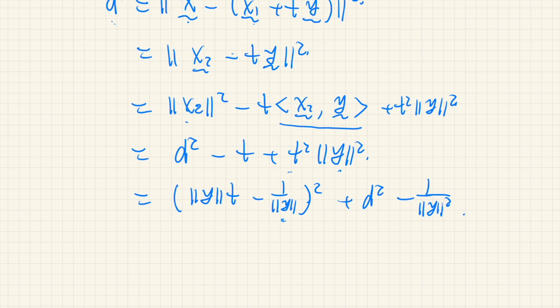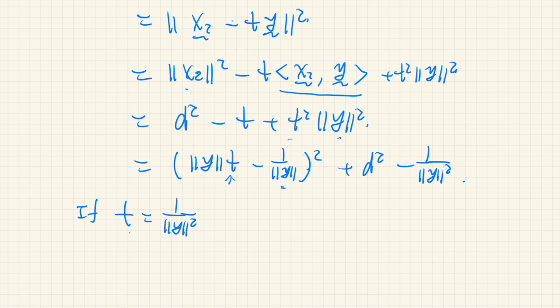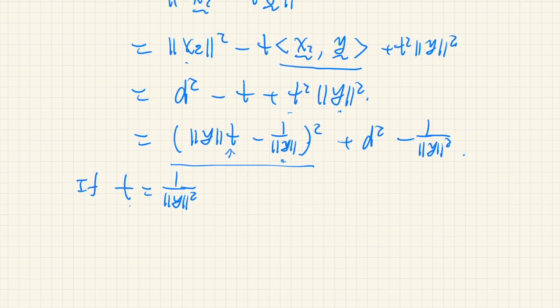If t is equal to 1 over ||y||², if we substitute t here, then this part becomes 0.